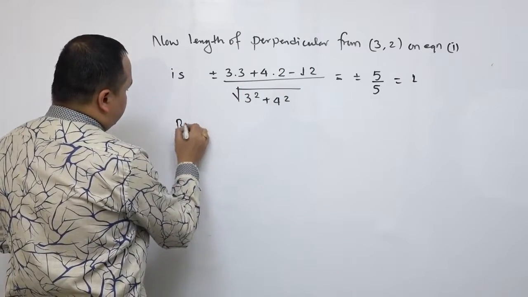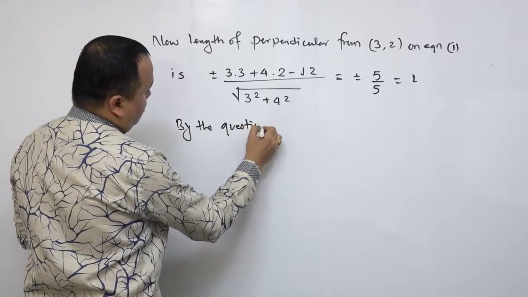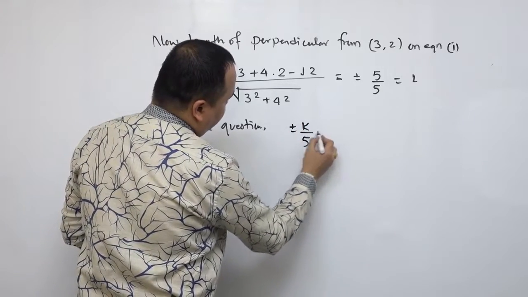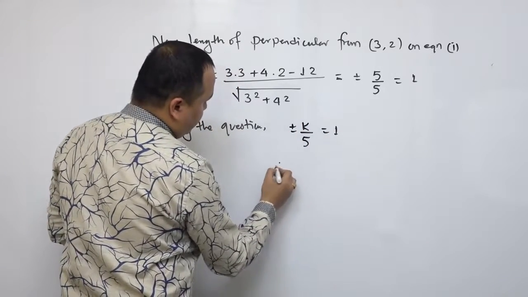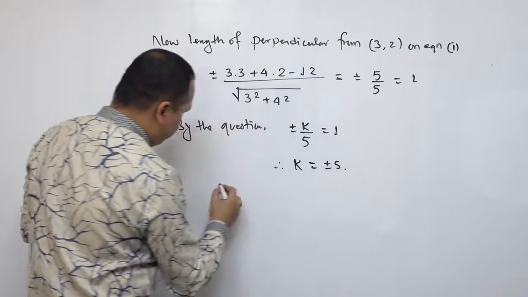By the question, plus minus k upon 5 is equal to 1. Therefore, k is equal to plus minus 5.